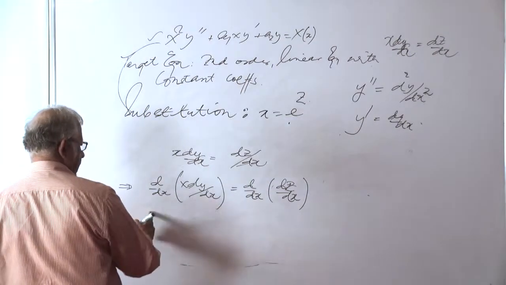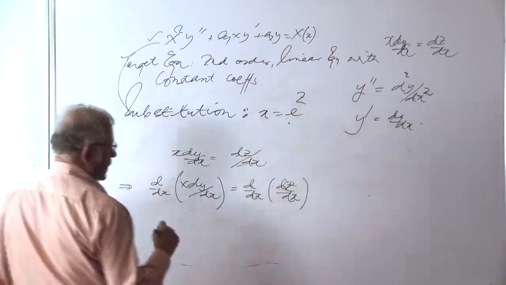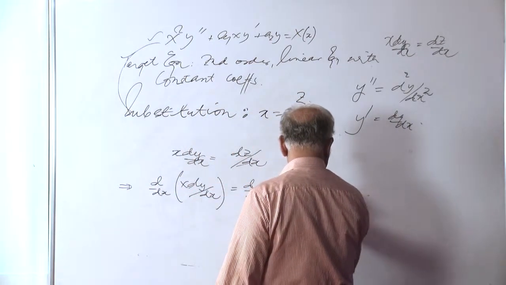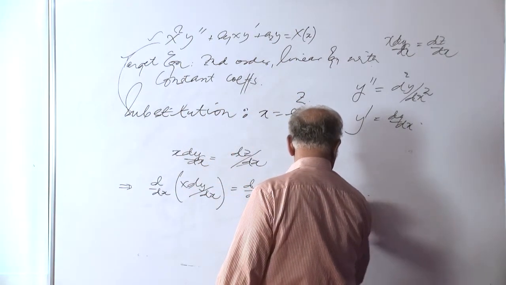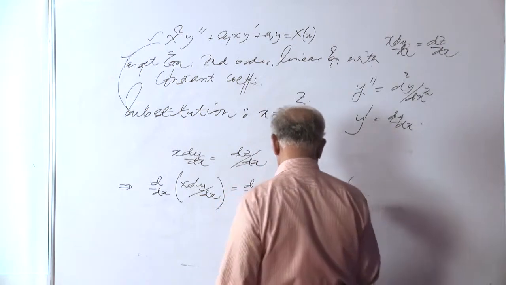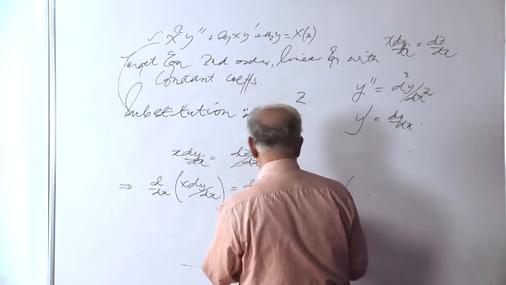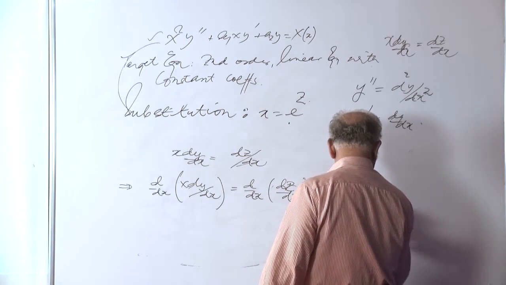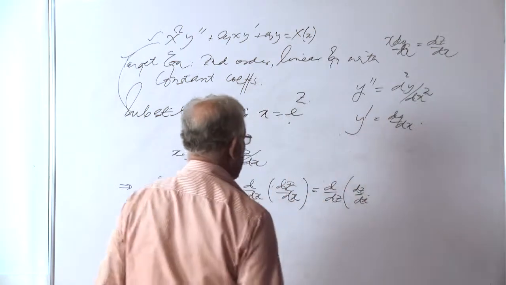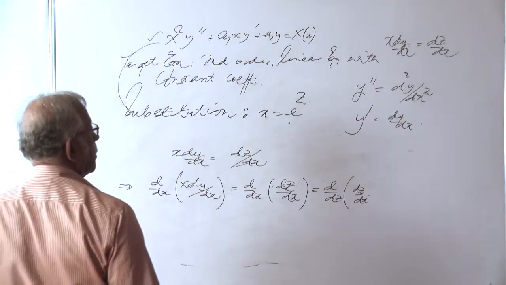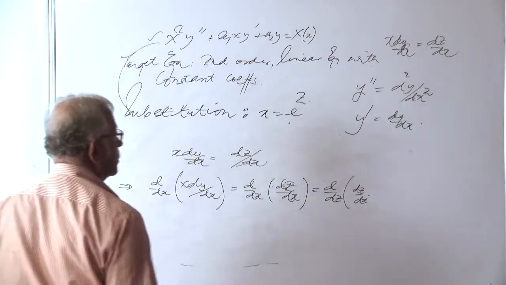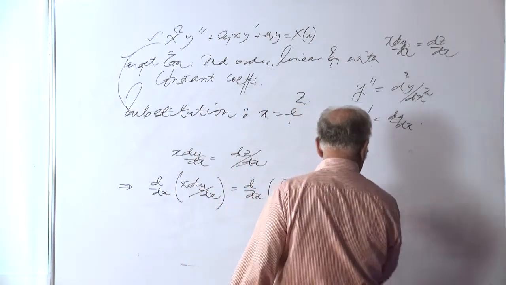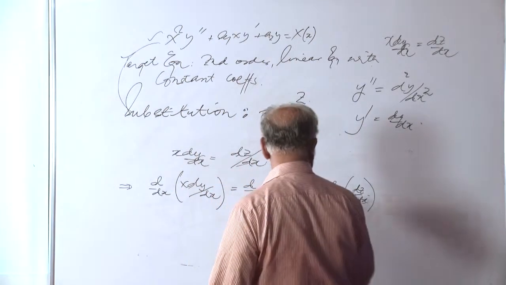We'll do the left hand side and the right hand side separately. On the right hand side, we can write that this is d dz of dy dz into dz dx.